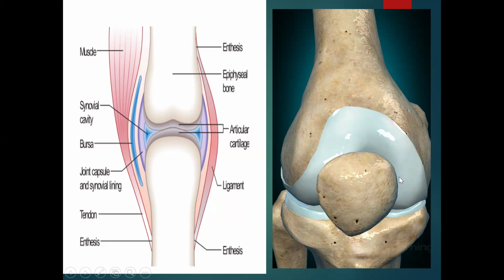And what is the function of this articular cartilage? This articular cartilage, look at it here, covers the end of the bone. It is a very important structure because it allows for smooth, slippery movements.